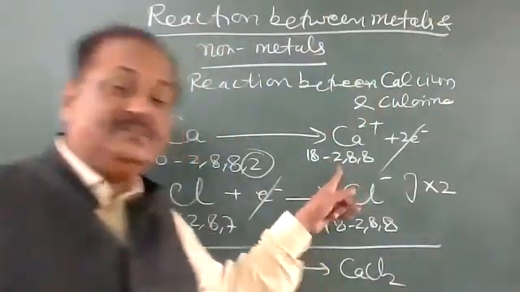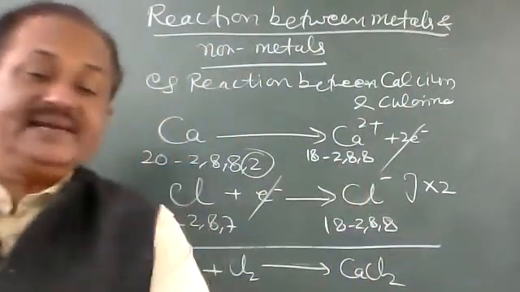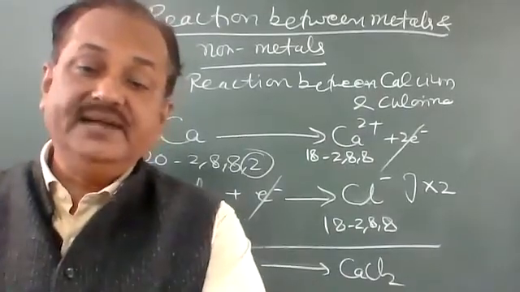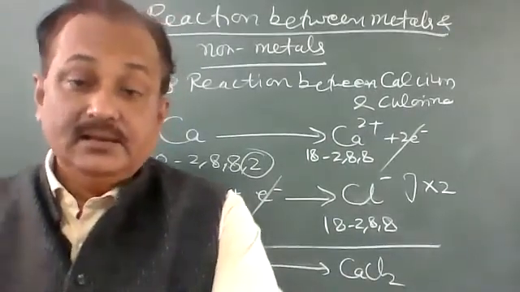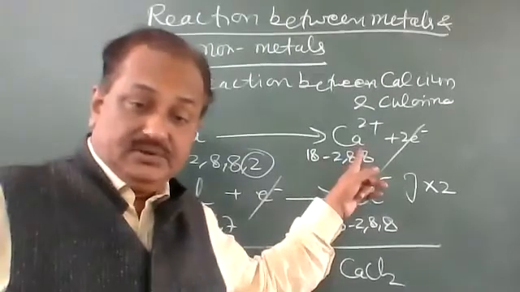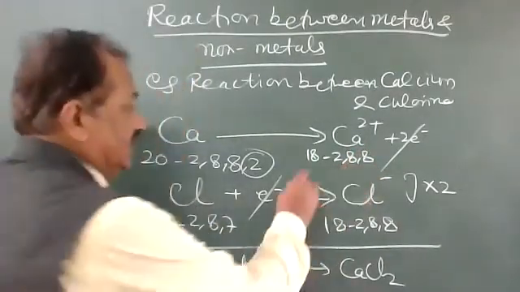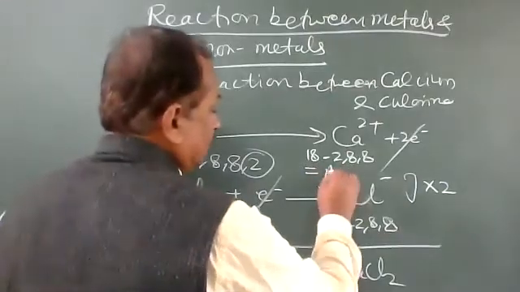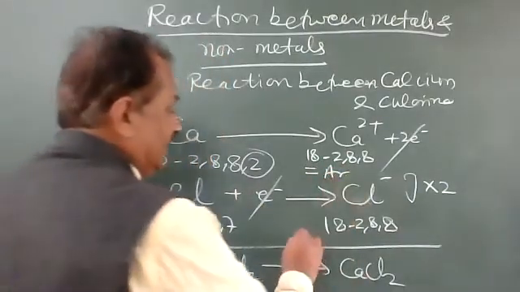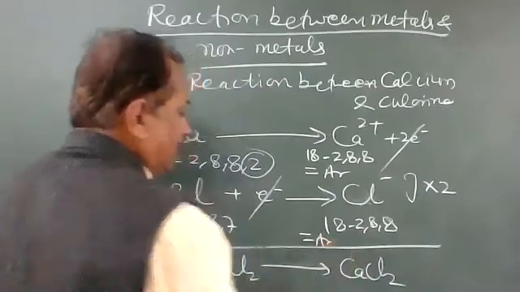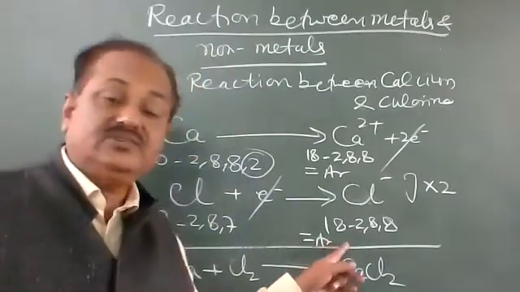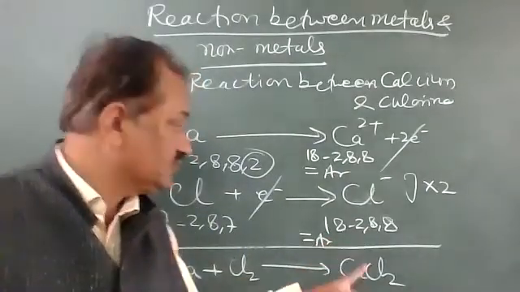Now see, the calcium cation has been formed by the loss of electrons, and it has acquired the noble gas configuration equal to argon. Similarly, the chloride ion also has the electronic configuration of argon.